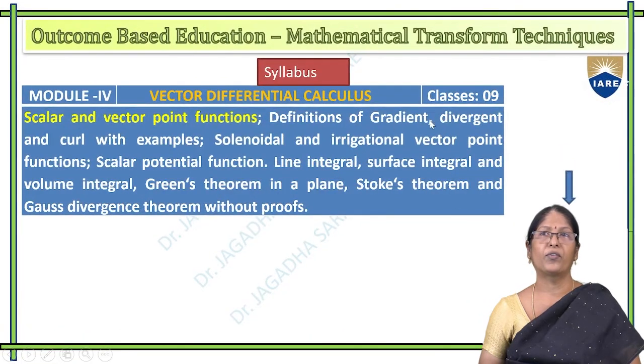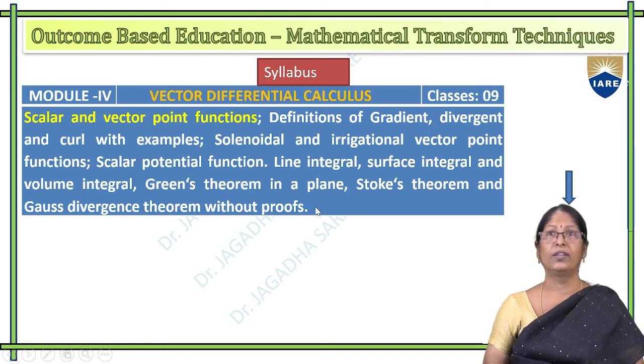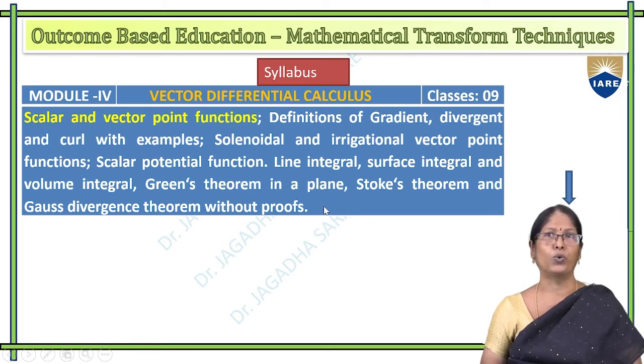So completely gradient, divergence, curl, everything we kept under CO8. Line and surface integrals, these all we kept under CO9, and the integral theorems, Green, Stokes and Gauss divergence, these theorems are CO10.